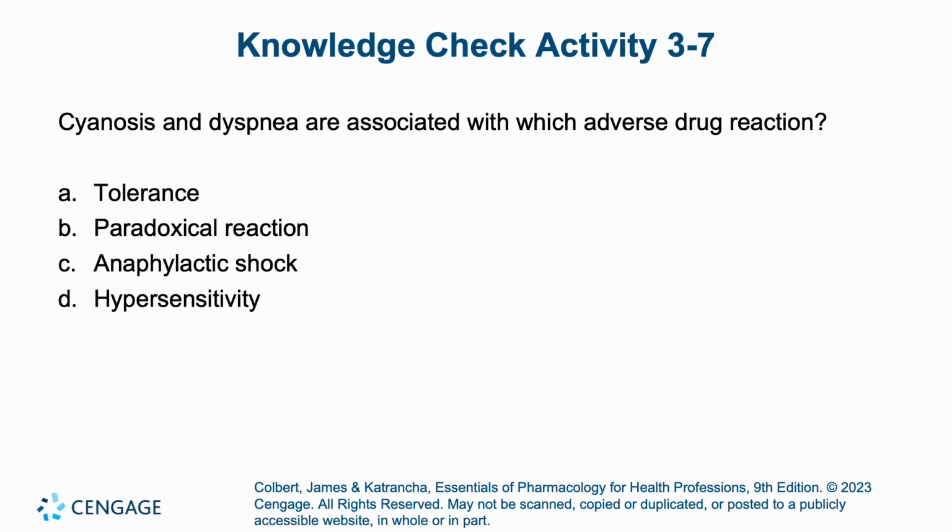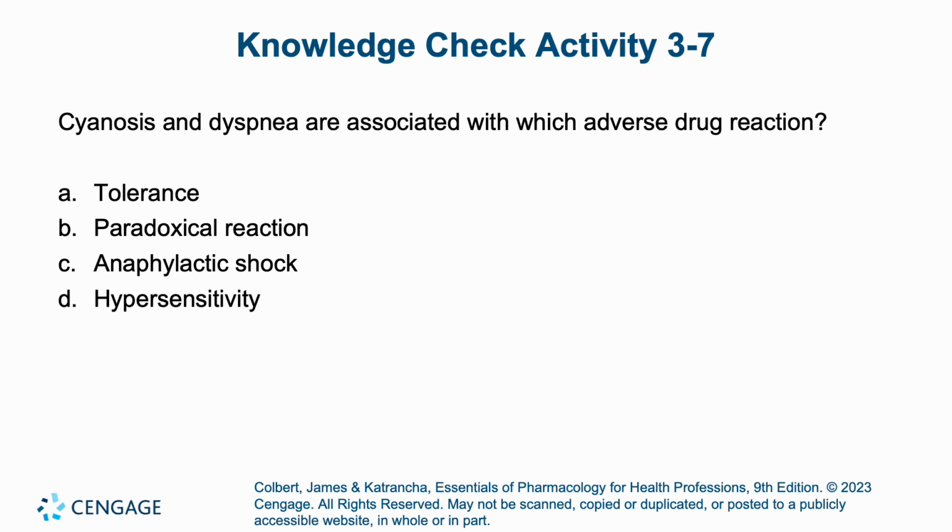Another knowledge check. Cyanosis and dyspnea are associated with which adverse drug reaction? So cyanosis, just so y'all know, is blue discoloring around the mouth, indicating lack of oxygen, or around the fingertips. Cyan, blue, cyanosis, they're blue coloring.